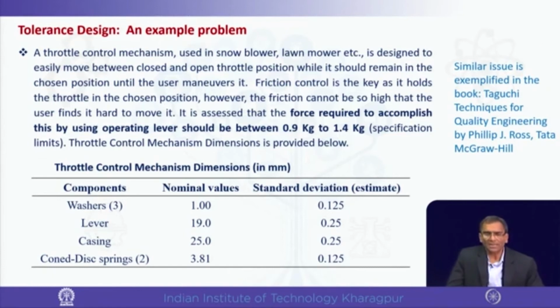Now, here for each we have presented the nominal value, all are in millimeter, which is written on the top. So, here the idea is that the friction control should be such that when I fix it, it stays at a particular point and does not move away so easily, but again it should not be too hard that when I intend to move it, I or any user can move it easily.